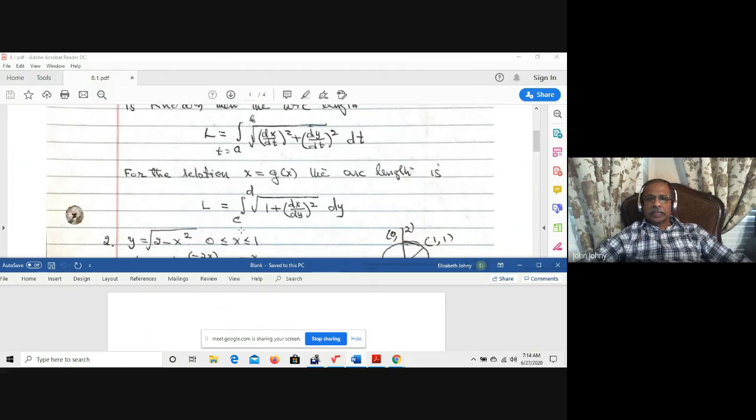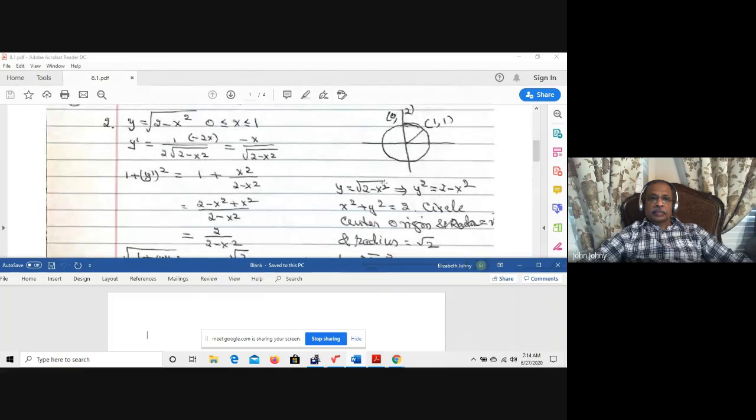In that case the arc length is L is equal to the integral from c to d of the square root of 1 plus dx over dy the whole square dy, whereas in the previous case it was dx.